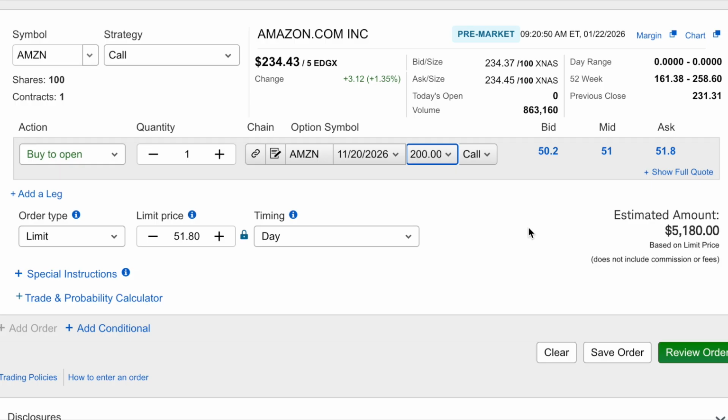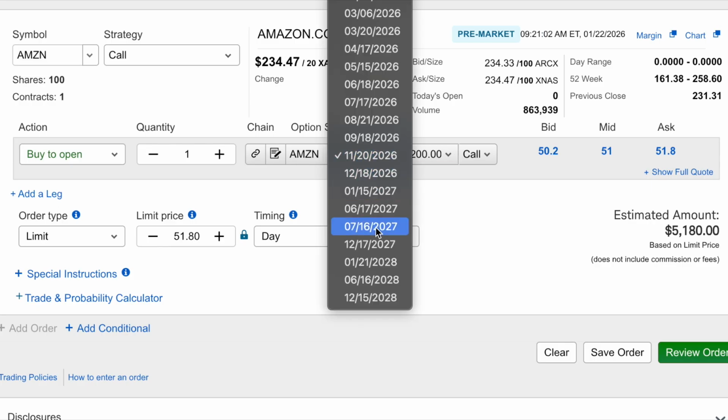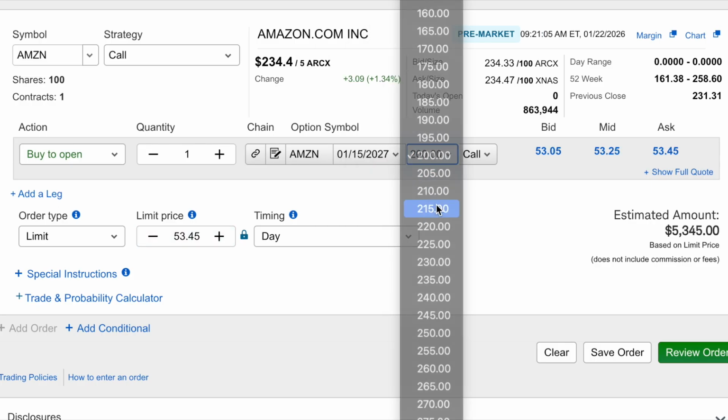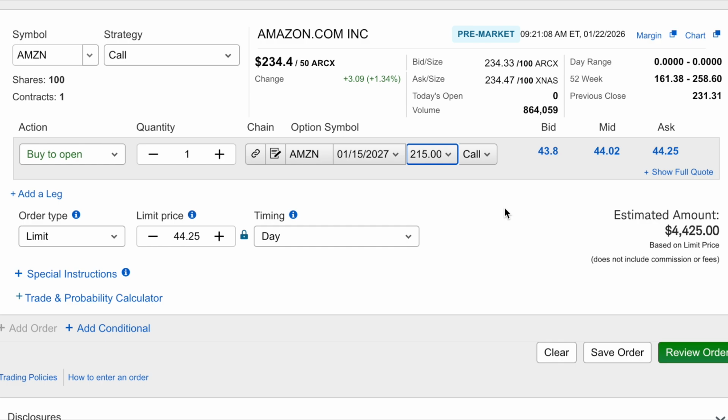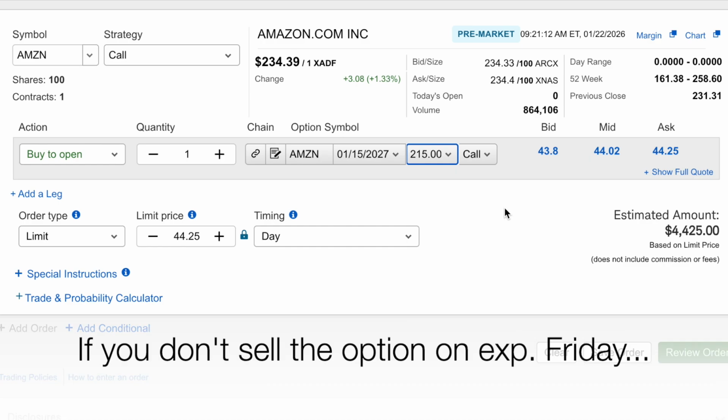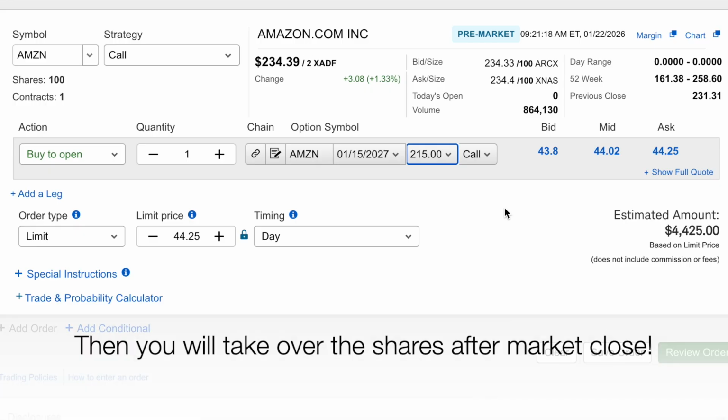So that's it. That's the call option. When you want to buy a call option, you click buy to open. This is one contract that represents 100 underlying shares. You have the ticker symbol up. You pick your expiration date, and you pick your strike price. And that's it. That's the call option. And again, on expiration Friday, if the call option has any value at all, it's only intrinsic value, which means the stock went above the strike price we chose.